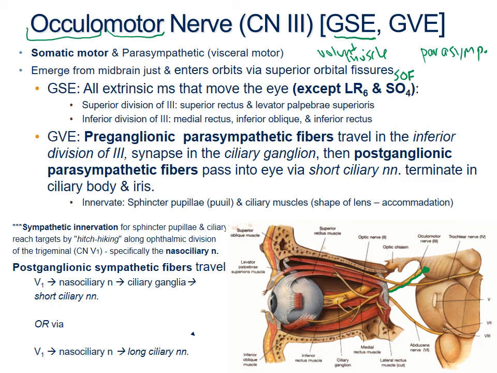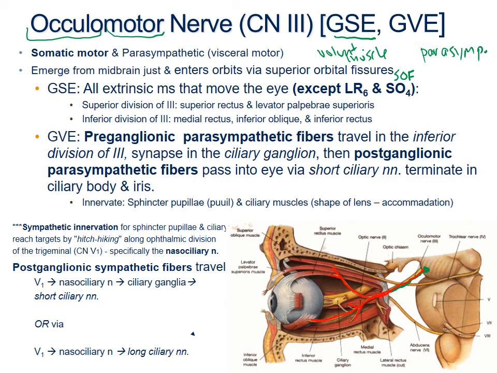Okay, so now keeping the motor component, we'll follow that first, the somatic efferent going to the muscles. Cranial nerve 3 is going to come through the SOF, that is then going to divide into superior and inferior divisions.